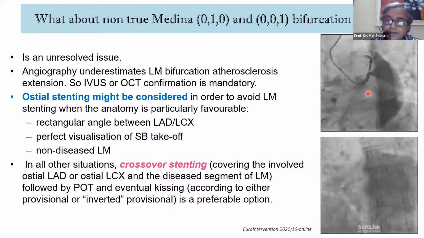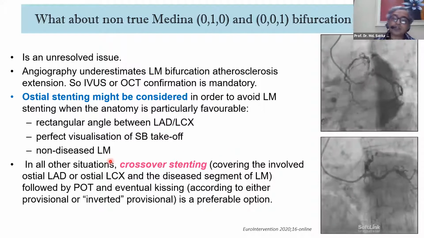But it's not a simple one. Sometimes, especially for left main, imaging technology is very important, because the disease may extend into the left main. Also, for ostial stenting of the distal main branch, we need favorable angles, perfect visualization, and different sorts of views to do a meticulous ostial stenting.